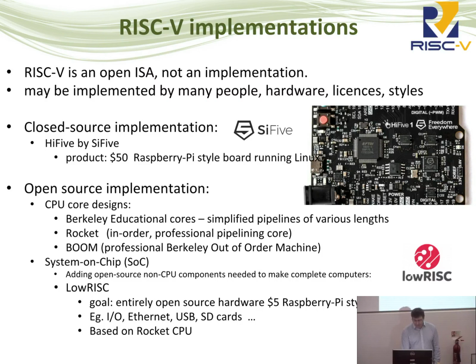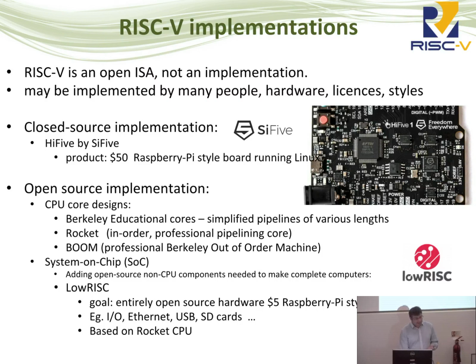Yeah, and then we have lowRISC in particular, which is doing very interesting work, taking those CPU cores and extending them with everything else you need to make a computer. So that means making the memory, the I/O, the buses, the power management, all the stuff to make a computer actually work.